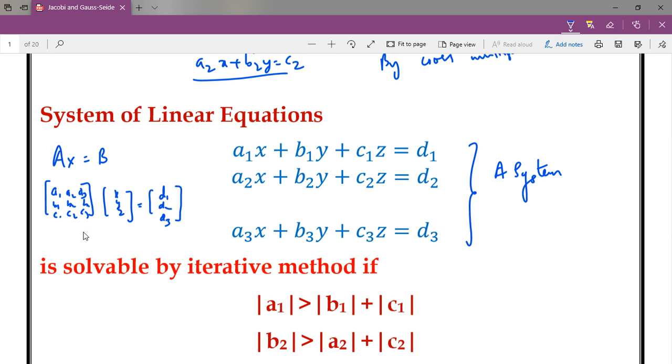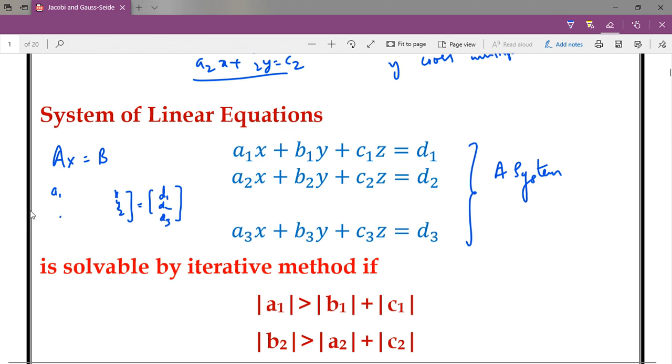So now in the iterative methods, okay, so this is transposed. You take this as b1, c1. So the coefficient matrix can be written as a1, b1, c1, a2, b2, c2, a3, b3, c3.